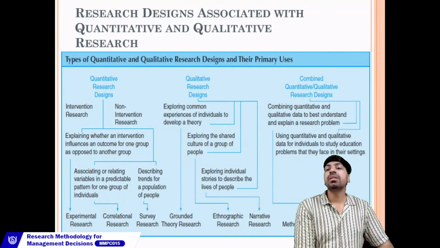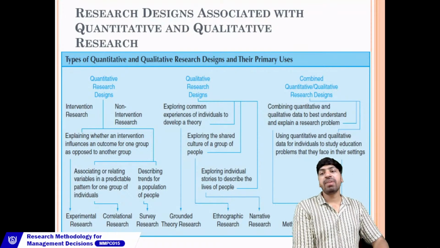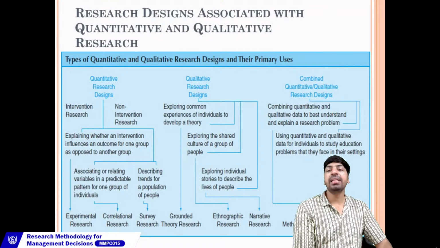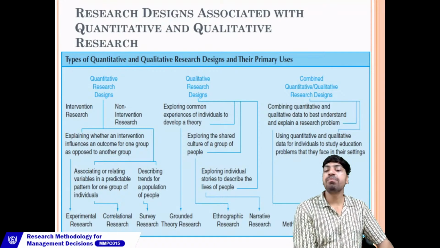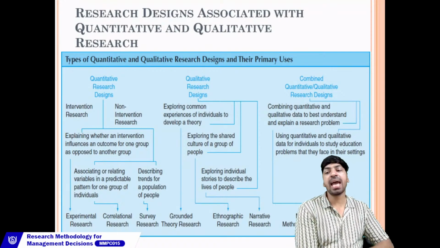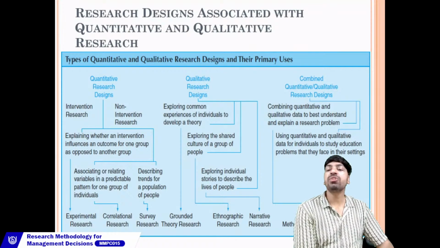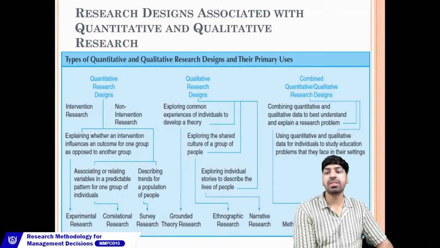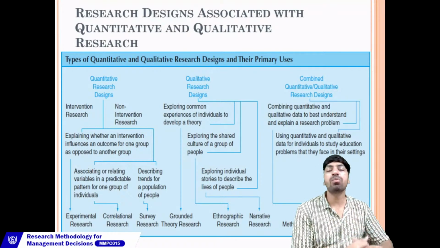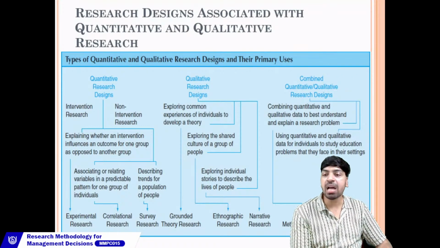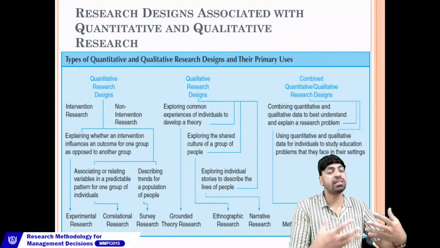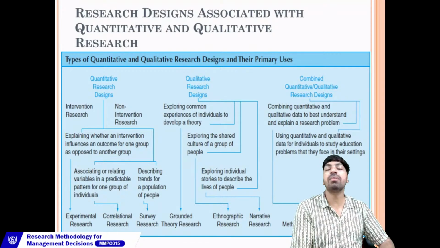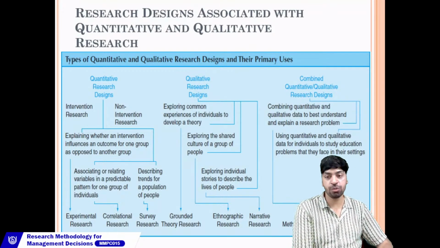Let's talk about the combined quantitative and qualitative research design. It is categorized into two parts: mixed method research and action research. Mixed method research combines qualitative and quantitative data to understand or explain research problems or issues.